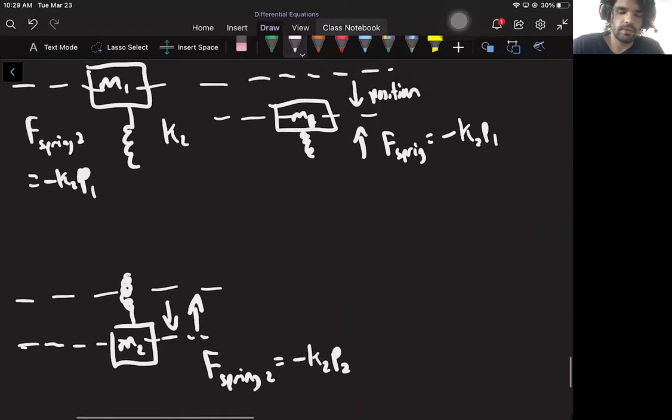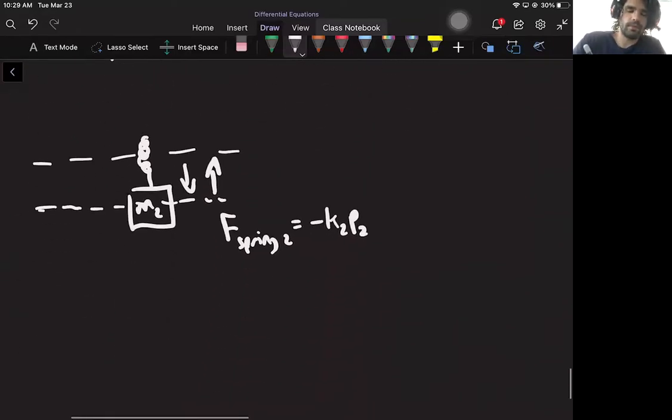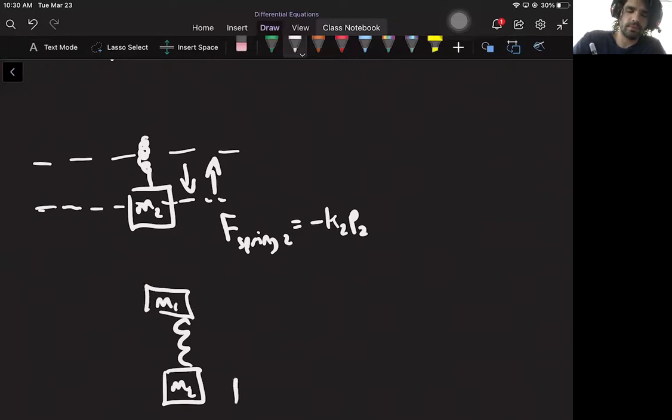So it's hard to draw this stuff. Whenever this restoring force, let's say the restoring force is pushing this way on mass 2, well then it's also pushing this way on mass 1.